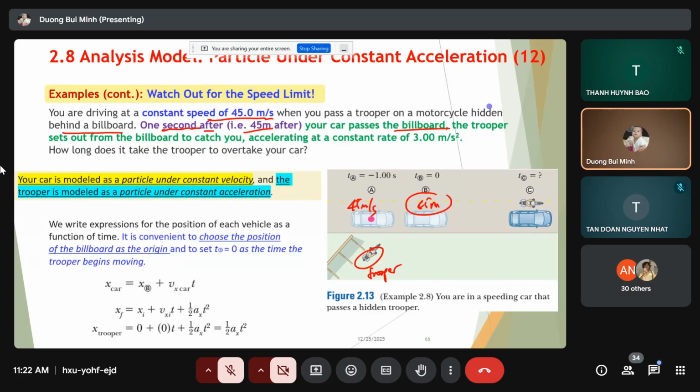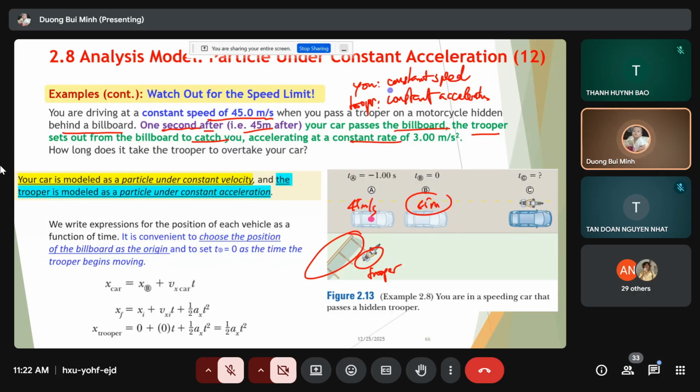The dropper sets out from the billboard to catch you, accelerating at a constant rate. So that means you have constant speed and the dropper has constant acceleration.